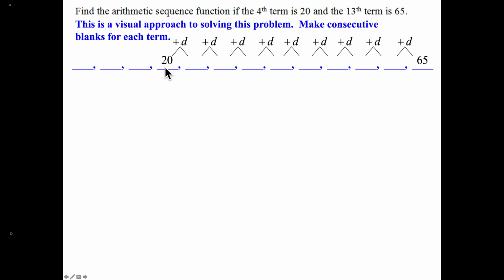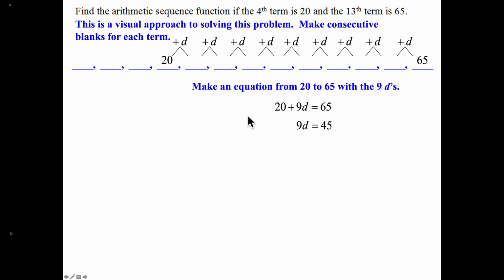This is 20 plus d plus d plus d plus d plus d plus d plus d equals 65, or consecutive addition of the same value is multiplication. Since there's 9 d's there, this is 20 plus 9 d's equals 65. And now solve for d. Subtract over the 20, get 45 divided by 9, d is 5.